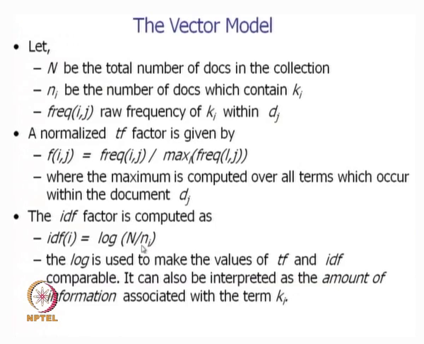If we take the other extreme, that is, the keyword appears in a very small number of documents, then this tends to be large. So, the log of this number would be smaller, but even then it will be a large value. That means keywords which appear in a sparse number of documents, a small number of documents, have high distinguishing power.